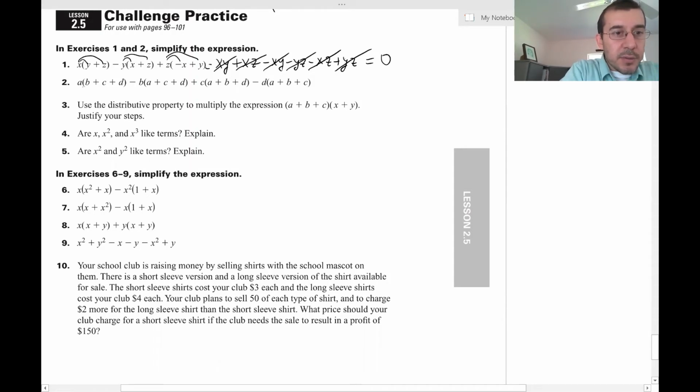Number 2. We're going to apply the distributive property again, right? A times B is AB, A times C is plus AC, plus A times plus D is plus AD.